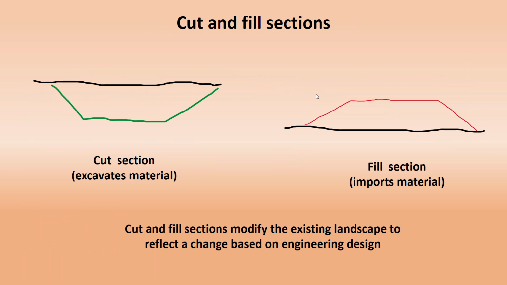You've made a deposit into your earthwork account, and you can go spend that somewhere else on the job site. So cut means you're gaining material in your account, and fill means you're having to spend material from your account. That's why we give cuts a positive designation and fills a negative designation, just like a bank account almost.